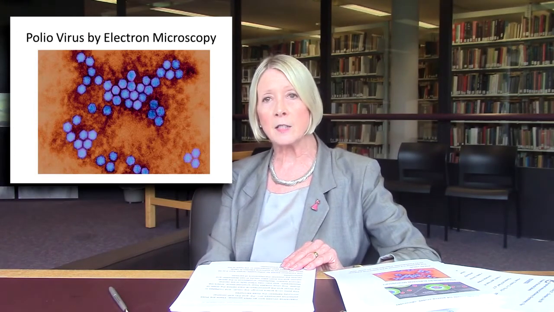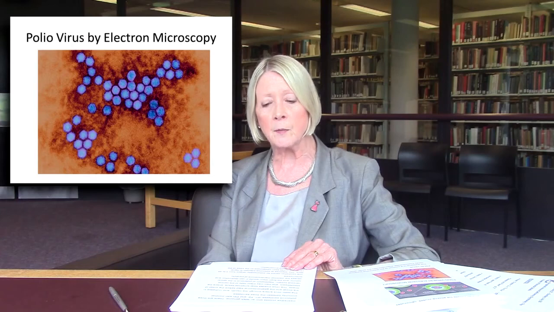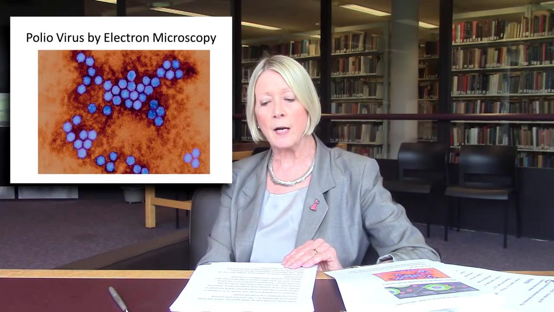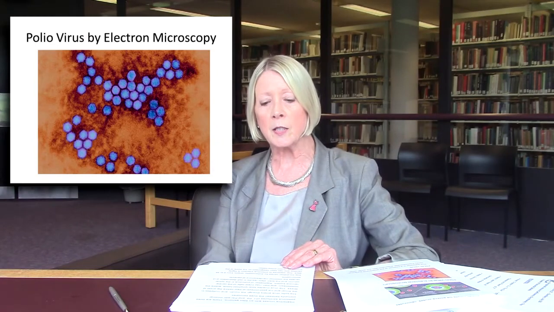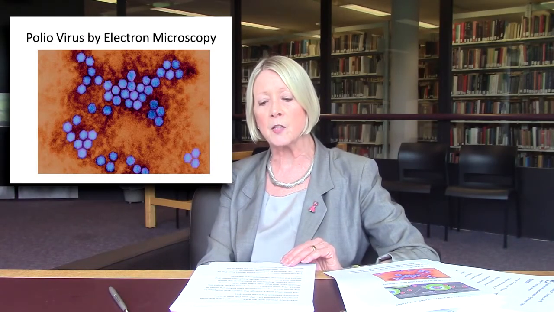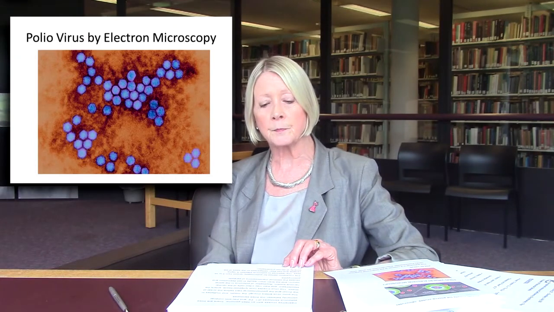The virus invades local lymphoid tissue, enters the bloodstream, and then may infect cells of the central nervous system. Replication of poliovirus in the spinal column and the brainstem results in cell destruction and causes the classical manifestations of the dreaded paralytic poliomyelitis. The incubation period for polio ranges from 3 to 35 days.